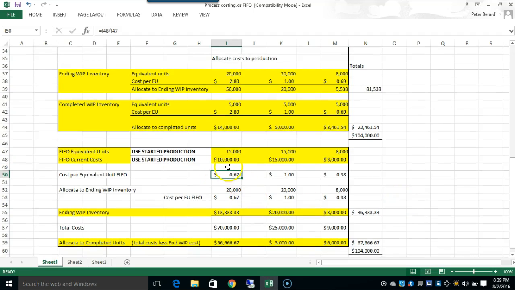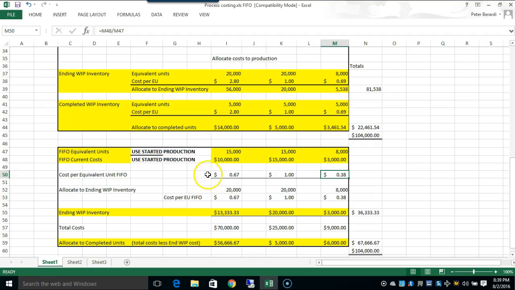So 67 cents is going to be your current cost divided by your FIFO equivalent units. 15,000 divided by 15 is 1. And your current cost divided by 8,000 FIFO equivalent units is 38 cents.